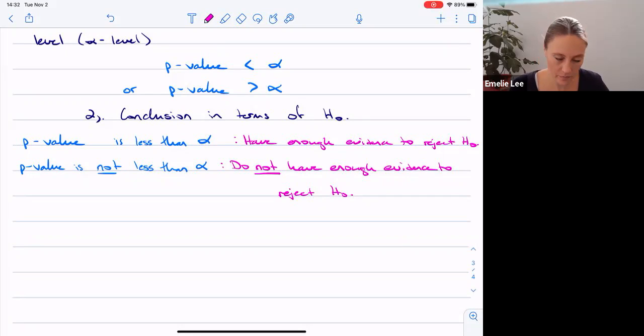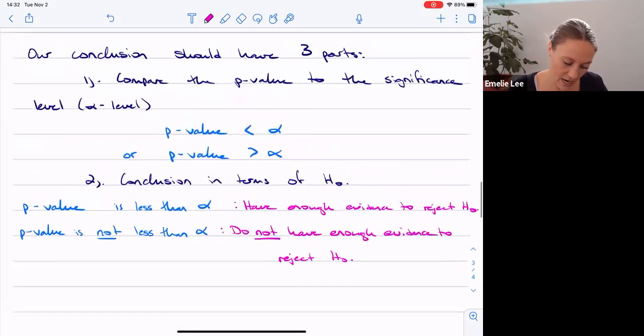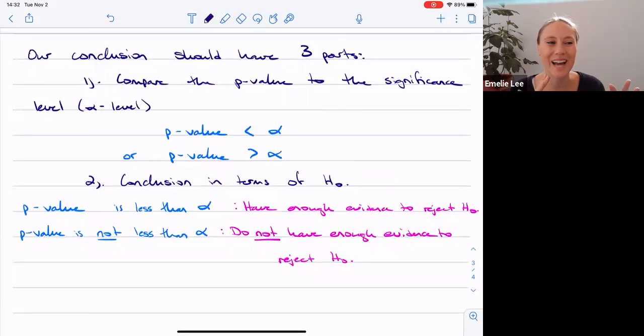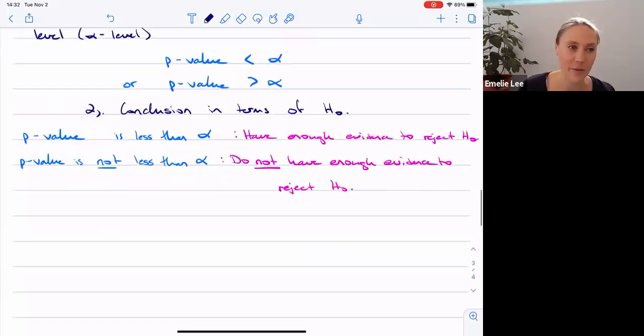I'll write that after I do the third part of our conclusion, which is the conclusion in terms of the question. That's what we're here for. But usually people are so tired by that point, they forget to tell me the conclusion in terms of the actual question. You wouldn't do that if you were submitting a report to a client. You wouldn't say, so I have enough evidence to reject H naught, there you go, have fun. It doesn't mean anything to them.